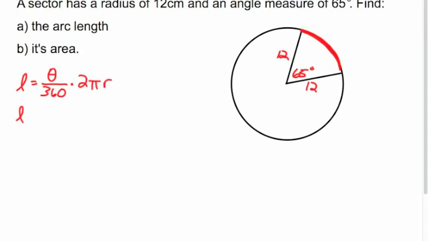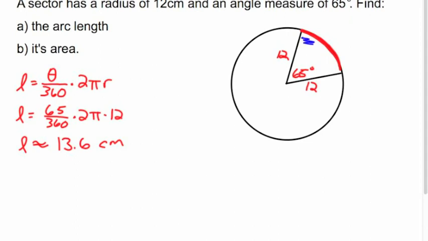Plug in the values that we have: 65 divided by 360 times 2 pi times 12. Put that into our calculator and we get an approximate calculation of 13.6, and the unit is centimeters. So the measure of the arc is 13.6 centimeters.